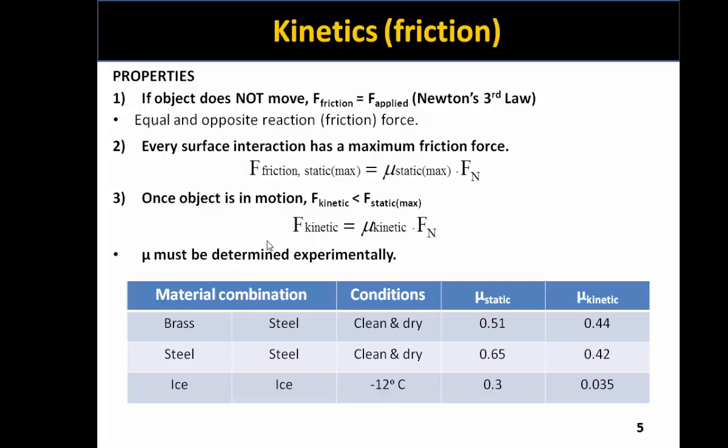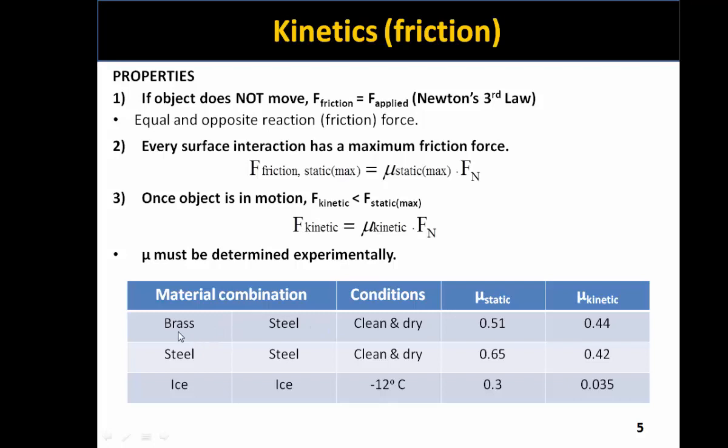And so in terms of estimating mu, we can calculate it with some of this data here, but essentially this has to be determined experimentally in a laboratory situation. What we see in the bottom table here are different material combinations, unique conditions to those material combinations, and the experimentally determined coefficients of both static and kinetic friction.